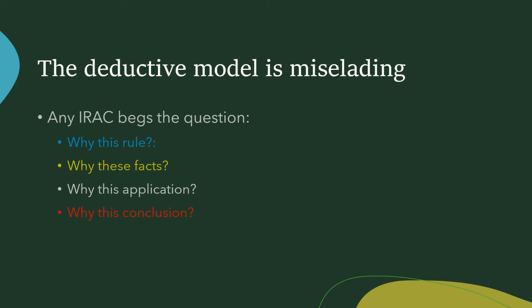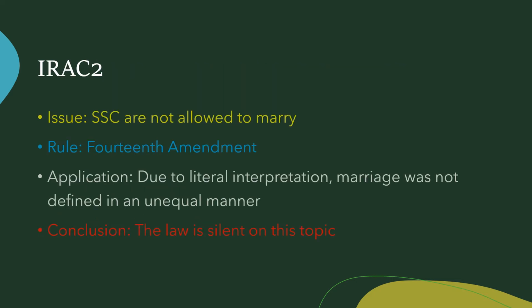So all these questions, all these branching possibilities, they get ignored if you believe that the main process of decision making is deductive. Because there are branching possibilities for all the bullet points, all the categories of the legal syllogism or all the categories of the IRAC model.